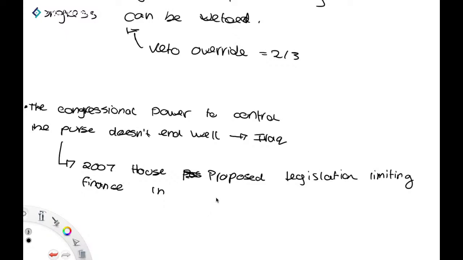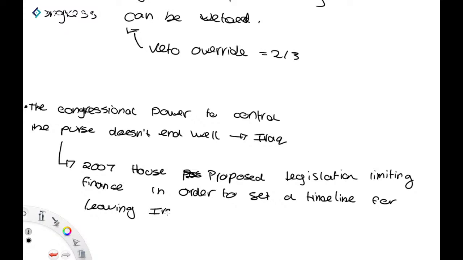If it's seen that the conflict in Iraq has gone on too long, which it had done, then they could pass a bill, a war budget that would limit the amount of money they could even spend, to try and limit the amount of time that they're spending in Iraq. Limiting finance in order to set a timeline for leaving Iraq.